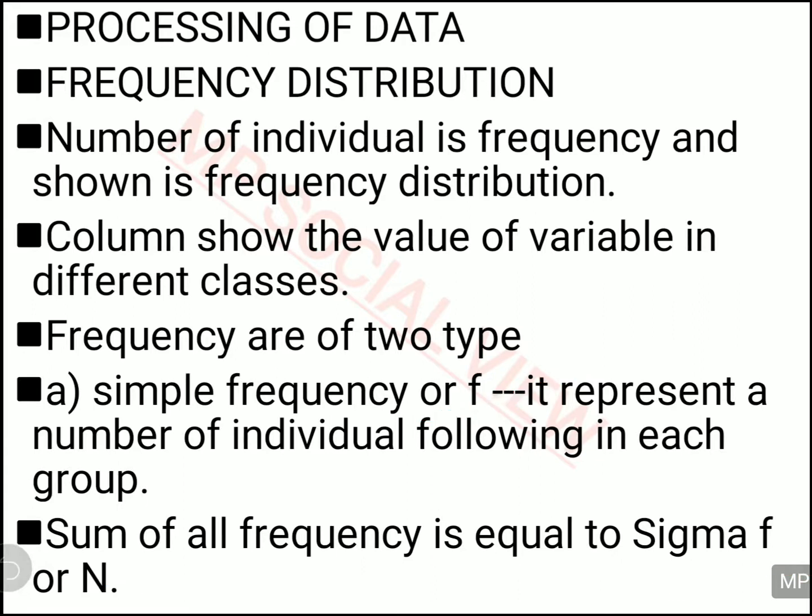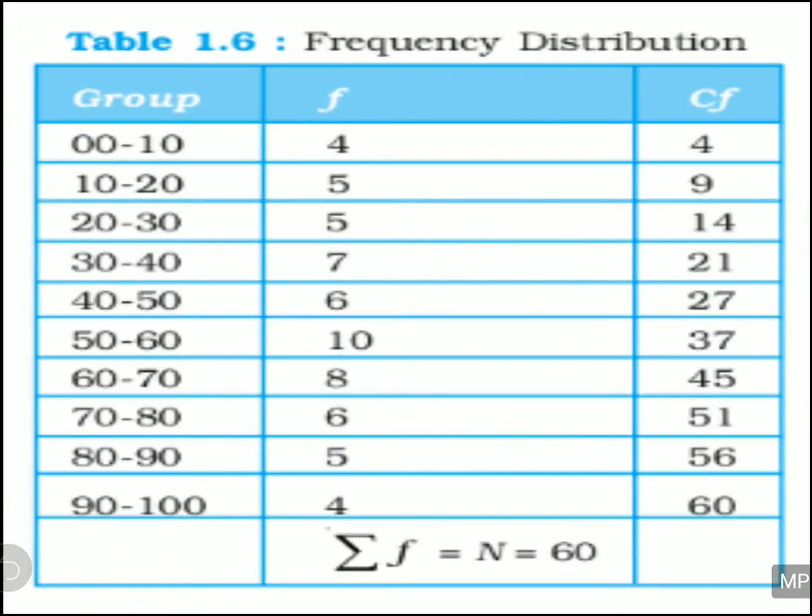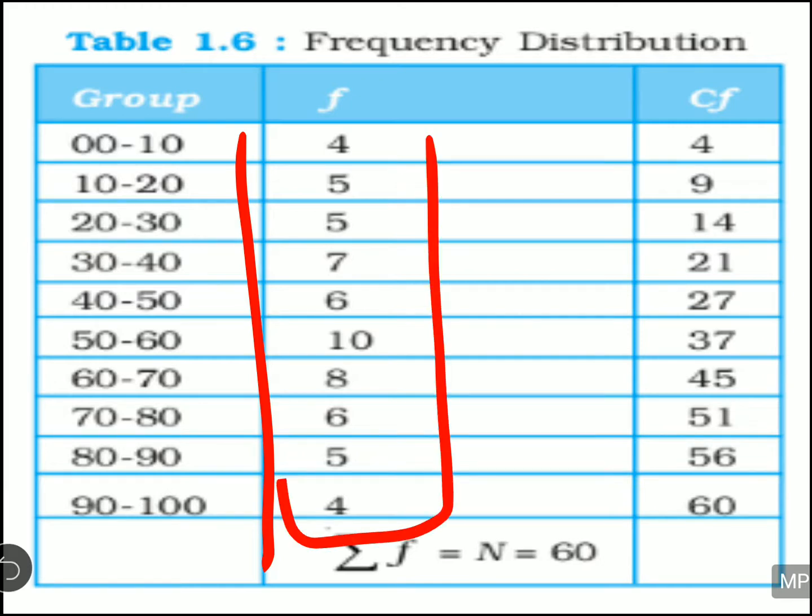Alright. Now let me show you with an example. Like in the previous table, we made the classes of 0 to 10, 10 to 20, 20 to 30. And then we wrote the numbers here. How many numbers are there in each class? Like we saw in the previous table, between 0 to 10, you had 4 numbers. And 10 to 20, you had 5 numbers. So all this is what?